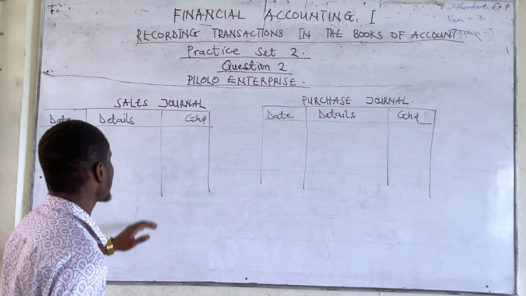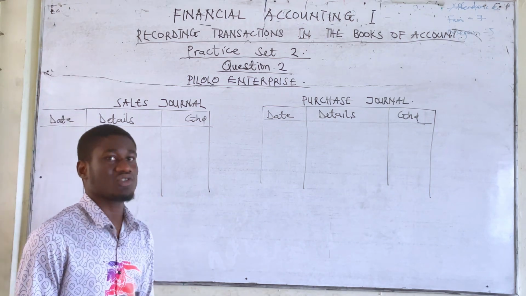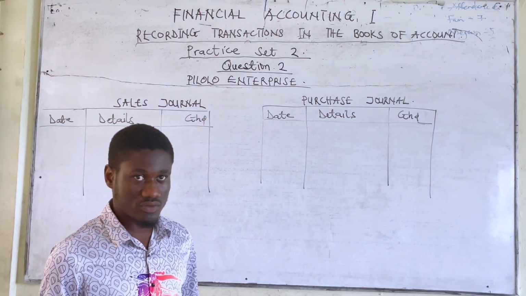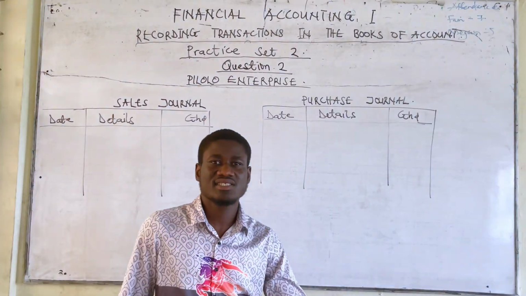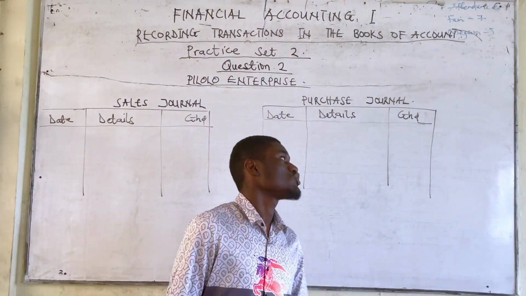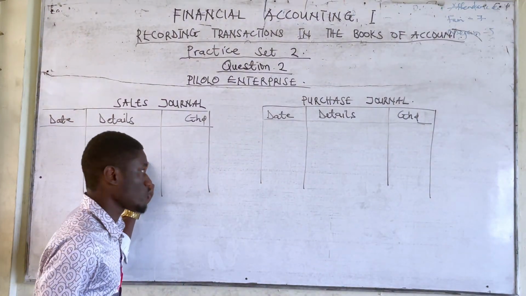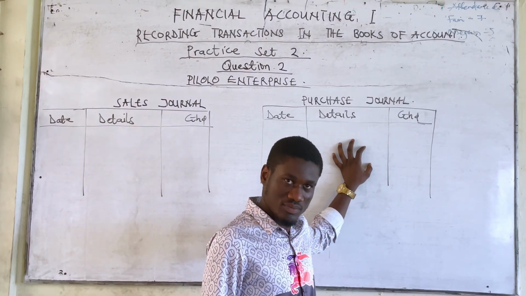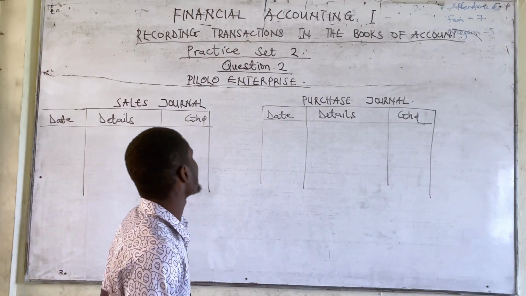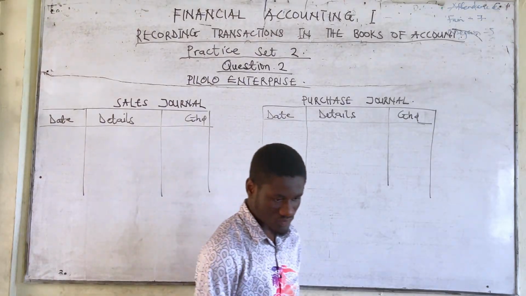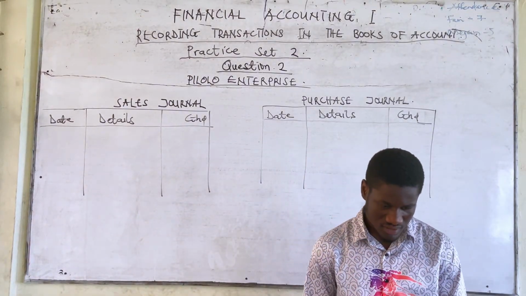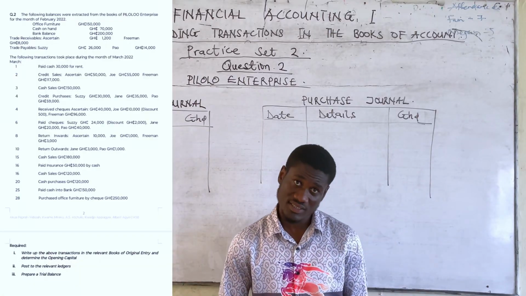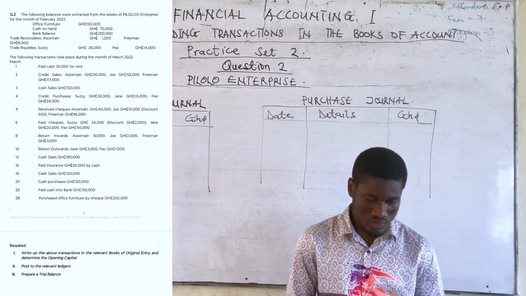Good. So with this, we know that the sales journal is going to record credit sales. So whatever credit sales you see in this question, you record them here. Whatever credit purchases you see in this question, you record them here. Good. So we are starting. We could see that March 2nd, there was credit sales.